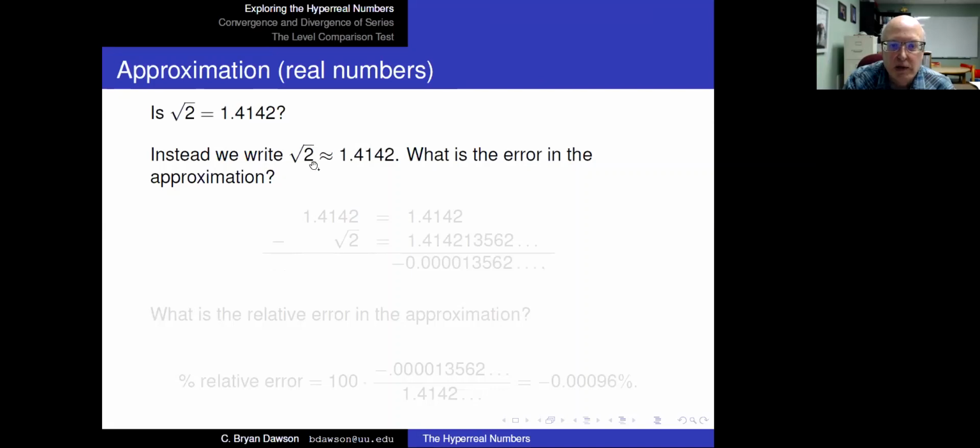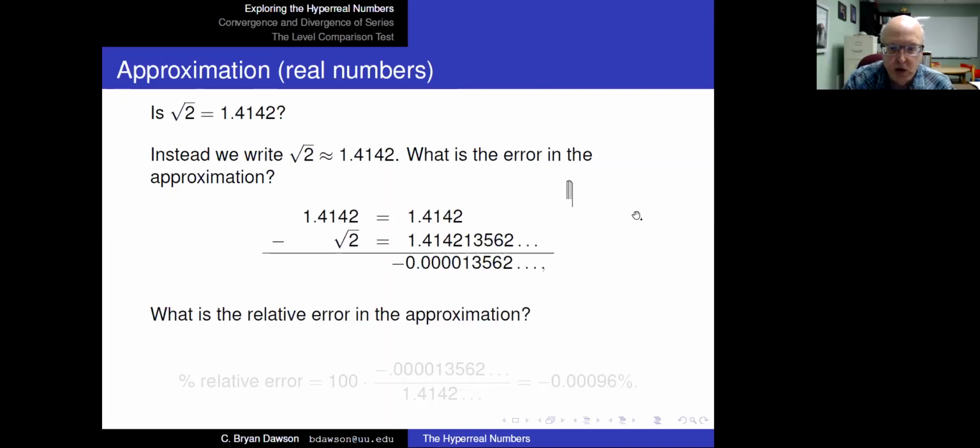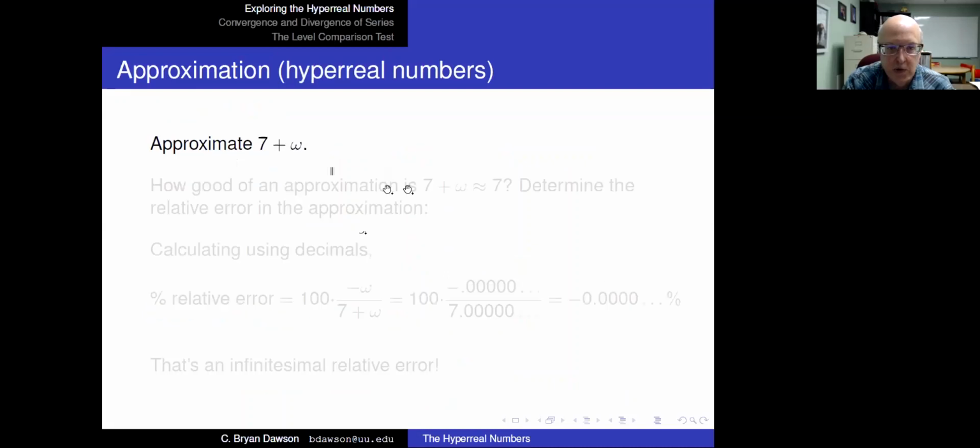So you might write square root of 2 is approximately equal to 1.4142. And you could find the error in that approximation or your percent relative error. And all of these are real numbers. That error in the approximation of square root of 2 being 1.4142, that's a real number. The percent relative error is a real number.